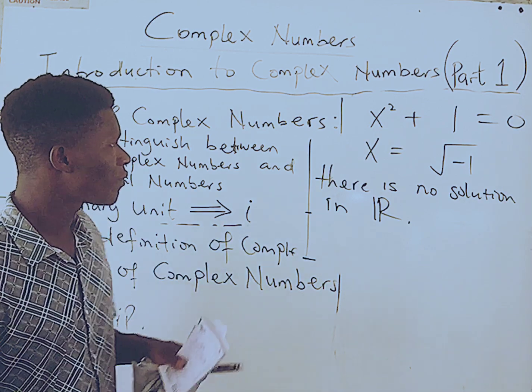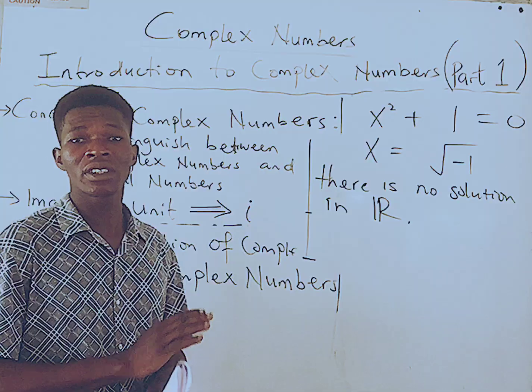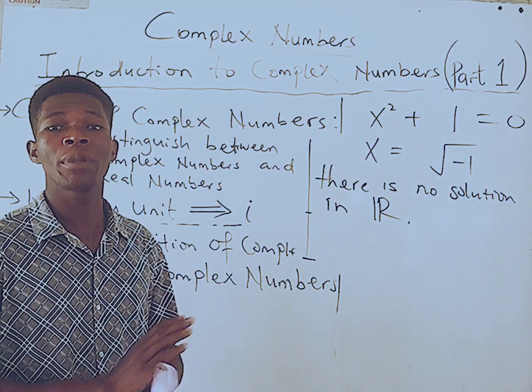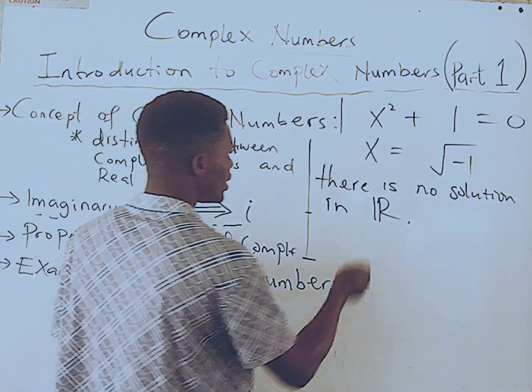Alright, let us consider another possibility. Let's say it was not stated whether the value of x is in the set of real or complex numbers, then we have to construct our answer in two ways.